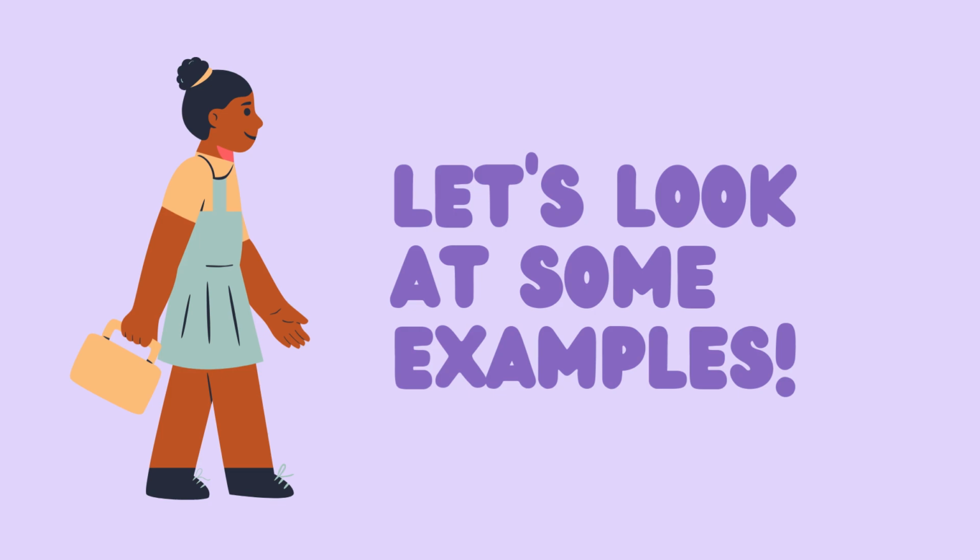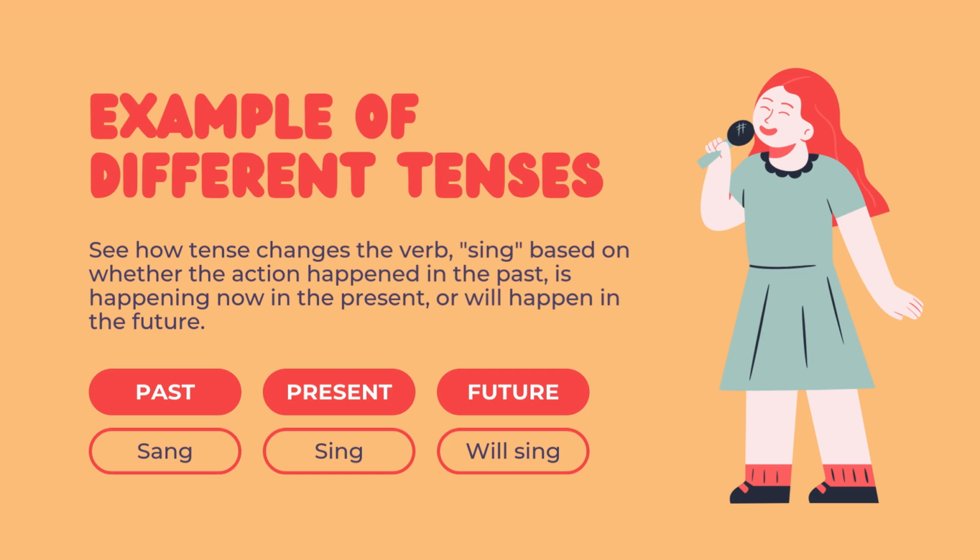Let's look at some examples. See how tenses change the verb. Sing changes based on whether the action happened in the past, is happening now in the present, or will happen in the future. Past, it will be sang, present, sing, and future, will sing.